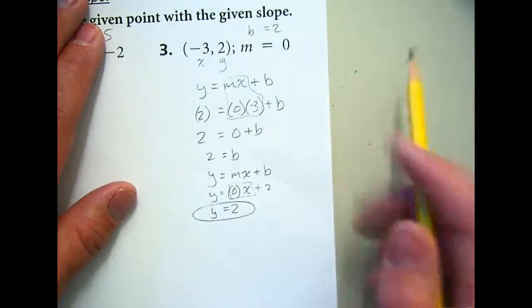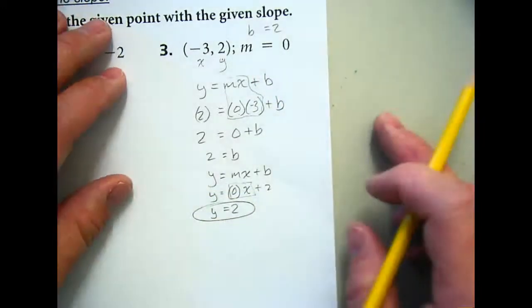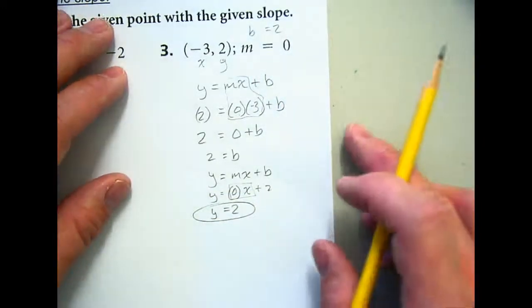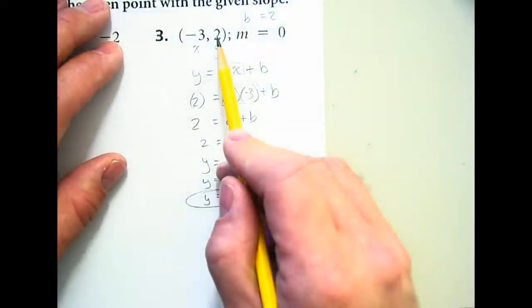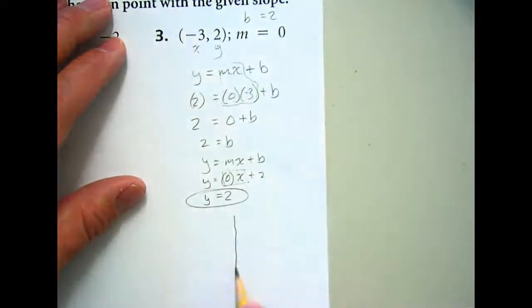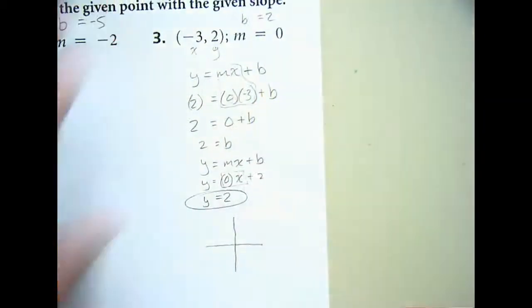Now, the thing I want to point out here, did anyone know the shortcut here? Okay, go ahead. Yeah, since y is already 2, think about your graph. So you should always start relating things back to a graph. You know that a 0 slope, everyone show me with your arm what a 0 slope is. 0 slope's this.